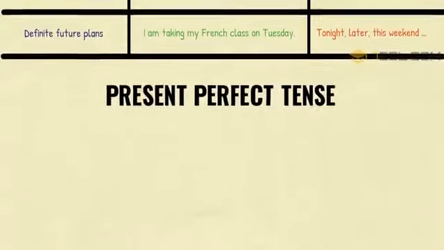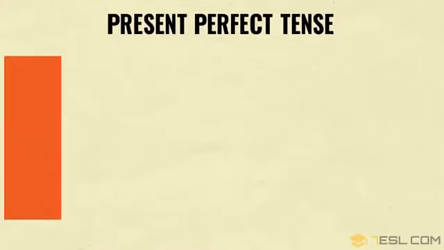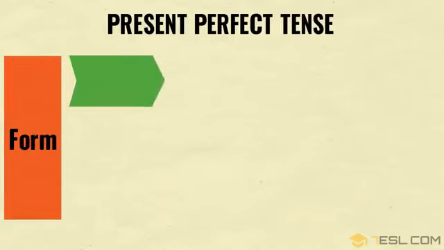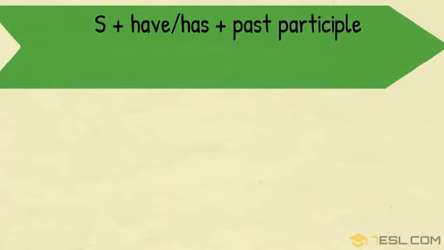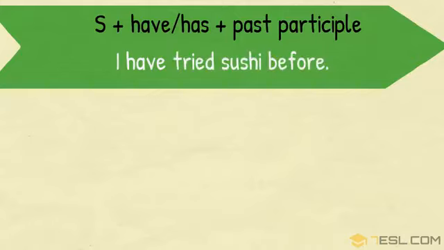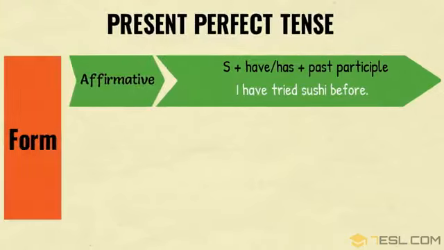Present perfect tense. Form. Affirmative. Subject plus have or has plus participle. I have tried sushi before. Negative.